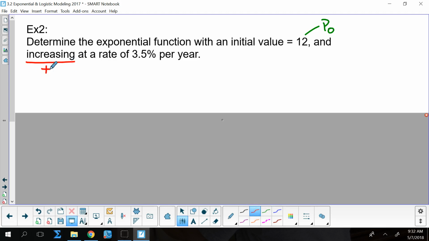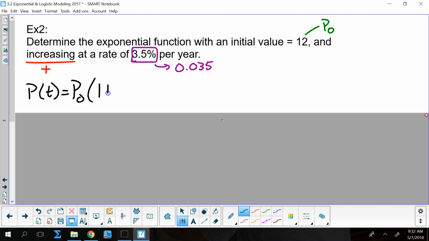Increasing means that I'm going to go with plus. 3.5% is going to be 0.035 as a decimal. Move that decimal point 2 spots to the left to get it into a decimal. So my initial function P of t is going to be P sub 0 times 1 plus or minus r to the t.